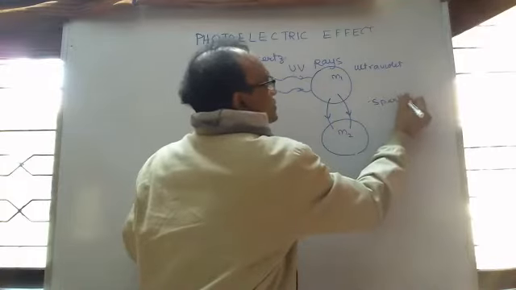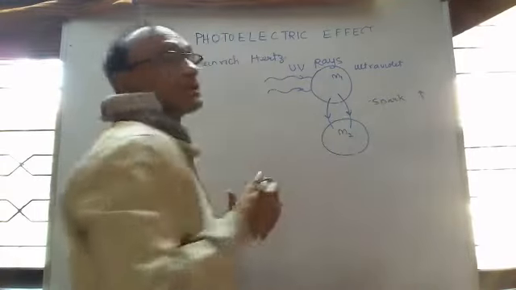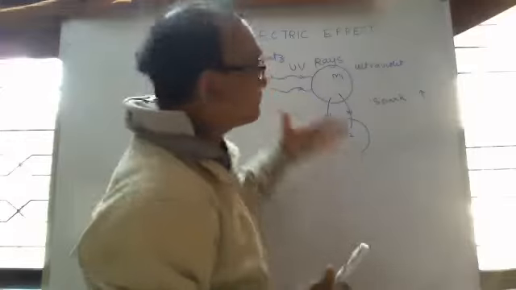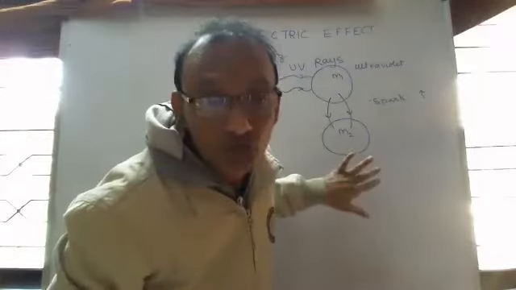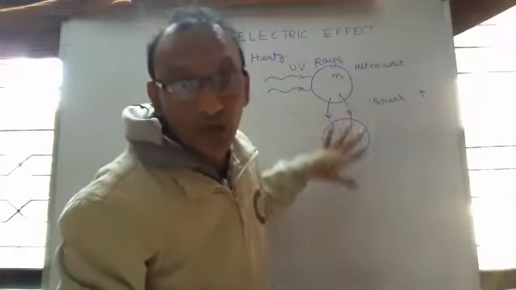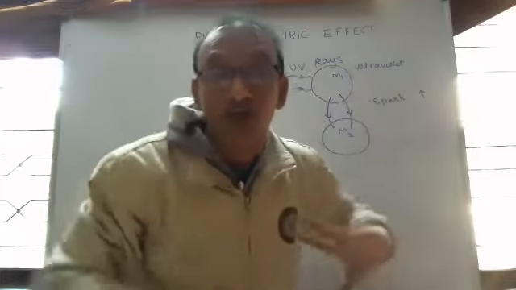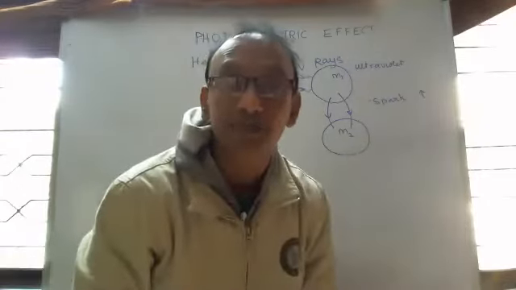Spark increased. Now, spark can increase only if there is flow of charge from one metal sphere to another. If there is additional flow of charge, that's where there would be an increased spark.